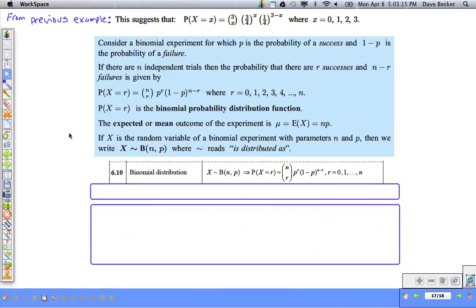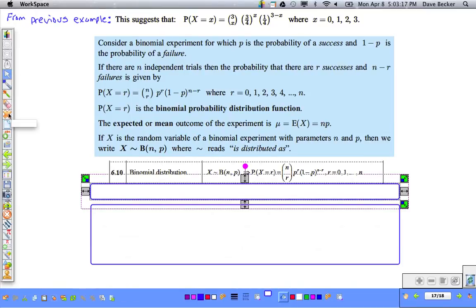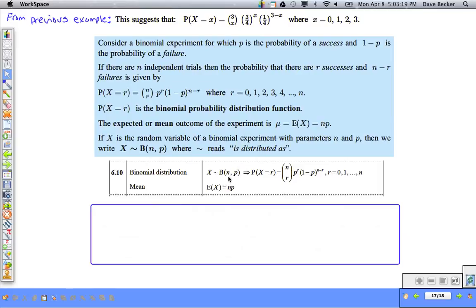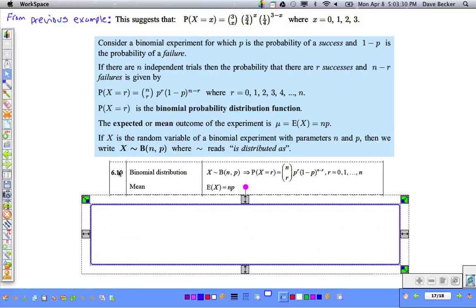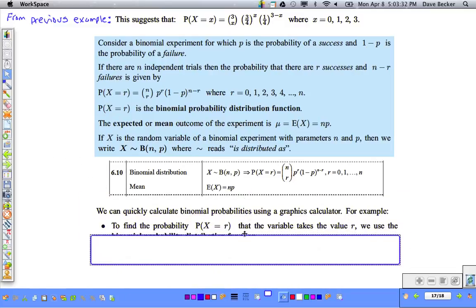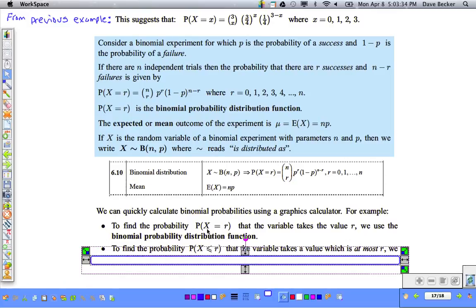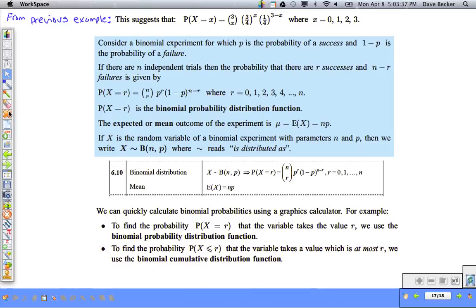Okay, what is this here? Well, I always put what it looks like on your formula sheet. Good news, it's exactly the same as we have here. No changes, and we already had learned about our expected outcome. And then what is this? Well, this is just talking about the calculator.